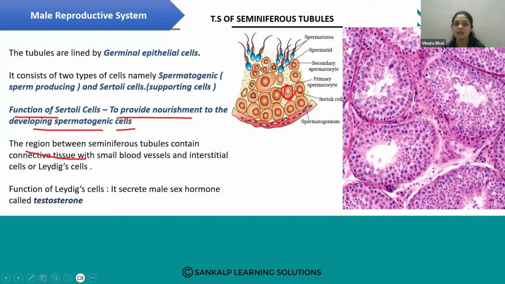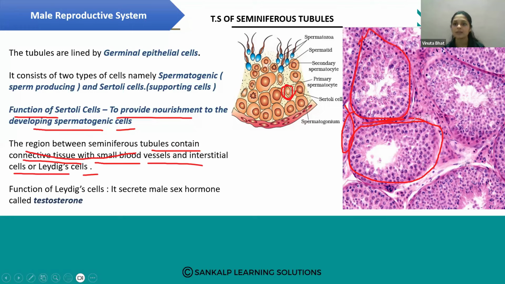Then the region between the seminiferous tubules contains connective tissue with small blood vessels and interstitial cells, or the Leydig cells. This is one seminiferous tubule and this is another seminiferous tubule.